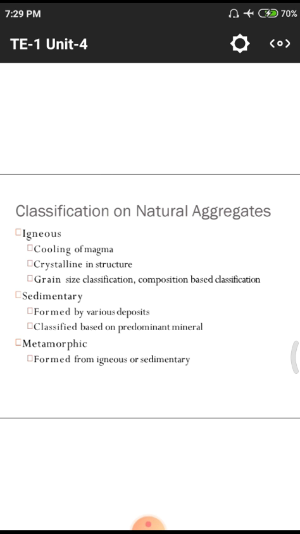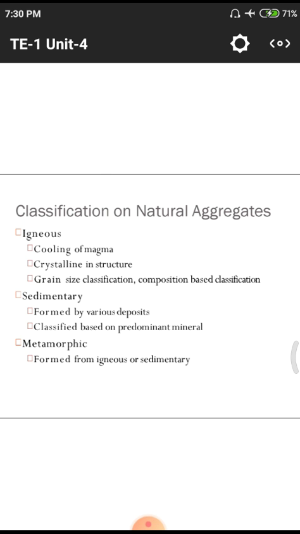Likewise, in these aggregates also we are having different kinds of grain size classifications. Normally, those grain sizes we will represent with numbers: 40 mm, 60 mm, and above that we will call them boulders. After that, 40 mm aggregate, 20 mm, 10 mm, 4.75 mm. Likewise, we are having different sizes of aggregates. All those come under this classification.